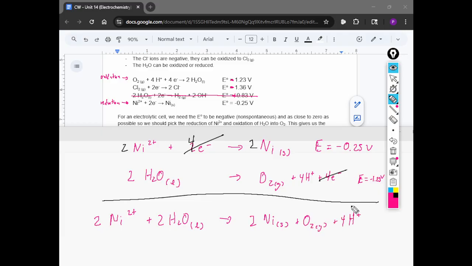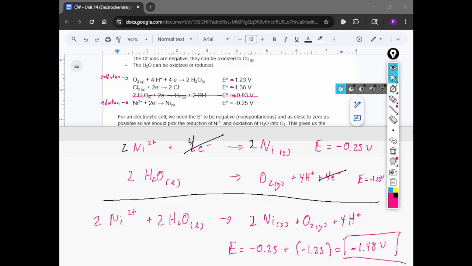And then for the electrical potential, you just add them together. So E is equal to negative 0.25 plus negative 1.23, and that is going to give you negative 1.48 volts. And that will be the reduction potential of your electrolytic cell.